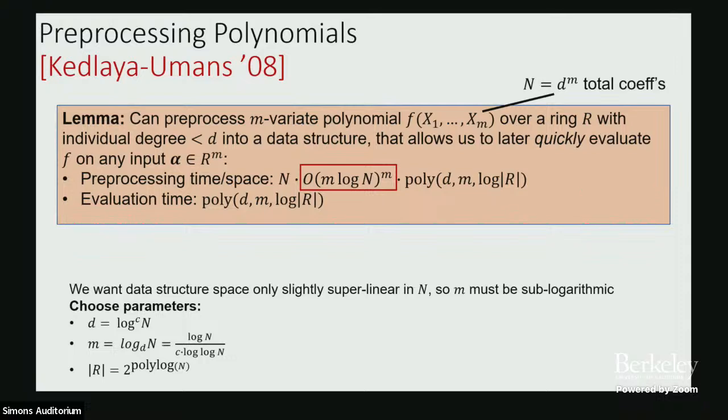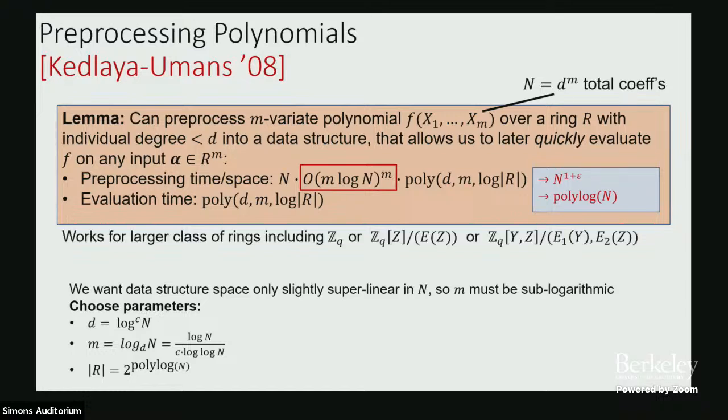I'm hiding some security parameter factors here, just to make it simple. These are really the standard parameters if you want to use, say, Reed-Muller codes. Exactly, right. So this is very similar to Reed-Muller code parameters. And in that case, this pre-processing time becomes just n to the 1 plus epsilon, and this evaluation time becomes polylog n. So this is the set of parameters you can keep in mind.